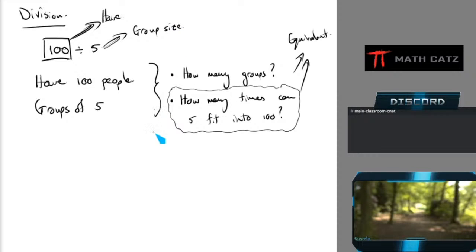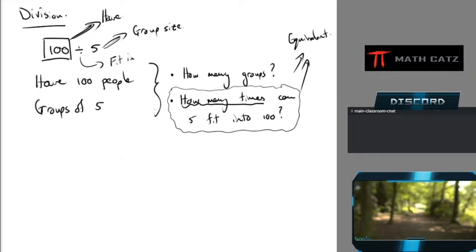It's the size of a group. And then the division tells me to fit that group size into what I have and count how many times I can do that. So now when we move on to fractions, nothing's going to change. The meaning of the instructions on an intuitive level will be the same.